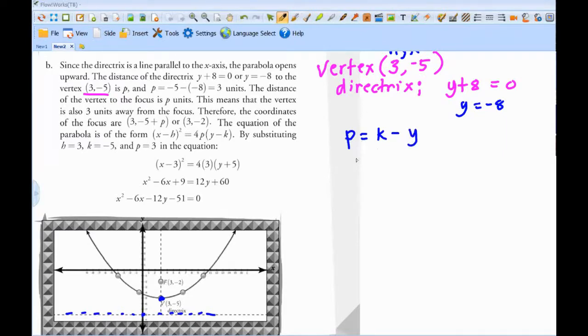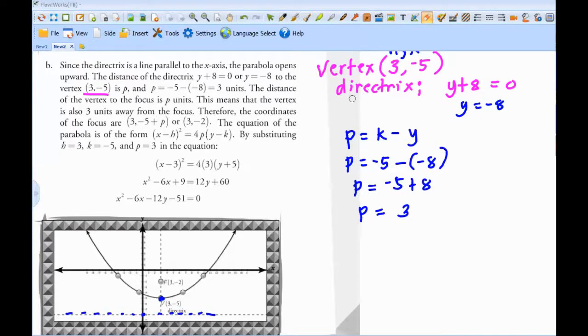So therefore we have P is equal to what? P is -5 minus 8. So P is equal to -5 plus 8. So P is -3. So since the focus, positive 3, sorry. Since the focus is positive, the P is positive, then it opens to the right, upward.